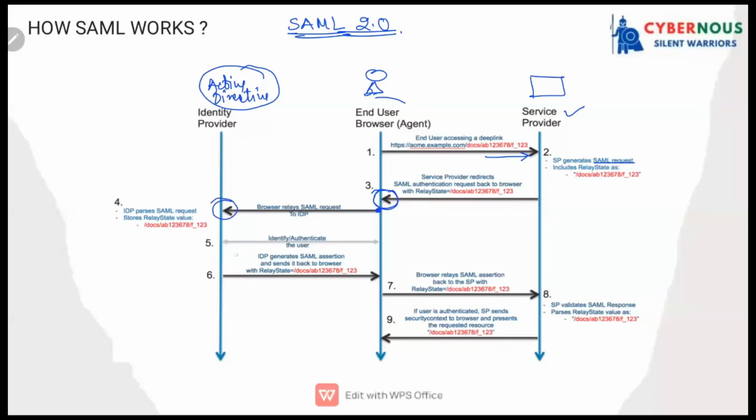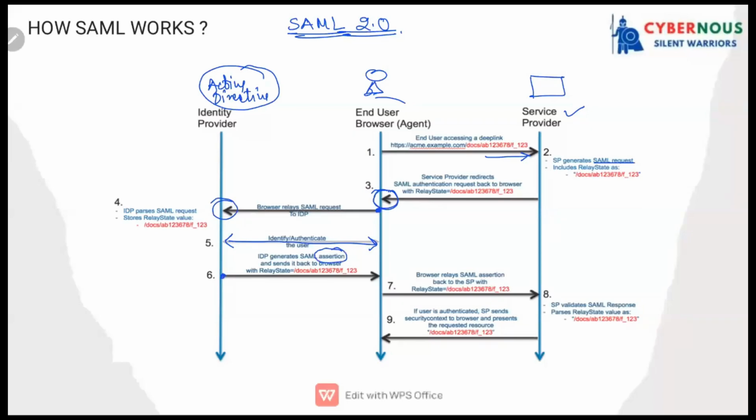Your identity provider will authenticate you. It may ask you to provide a username and password if you are doing it for the first time. If you are not doing it for the first time, it will automatically be done. And then once that is done, a token will be assigned by the identity provider, and it goes as an assertion.